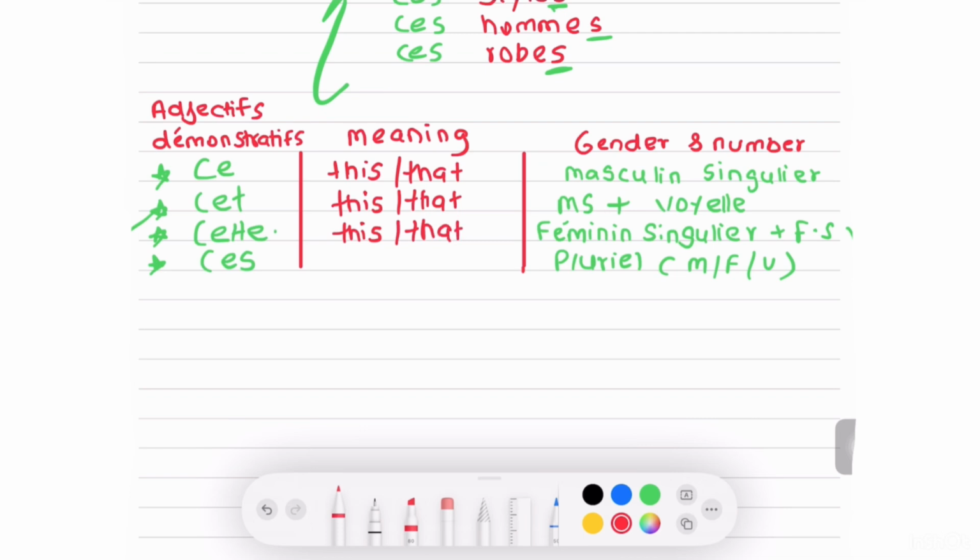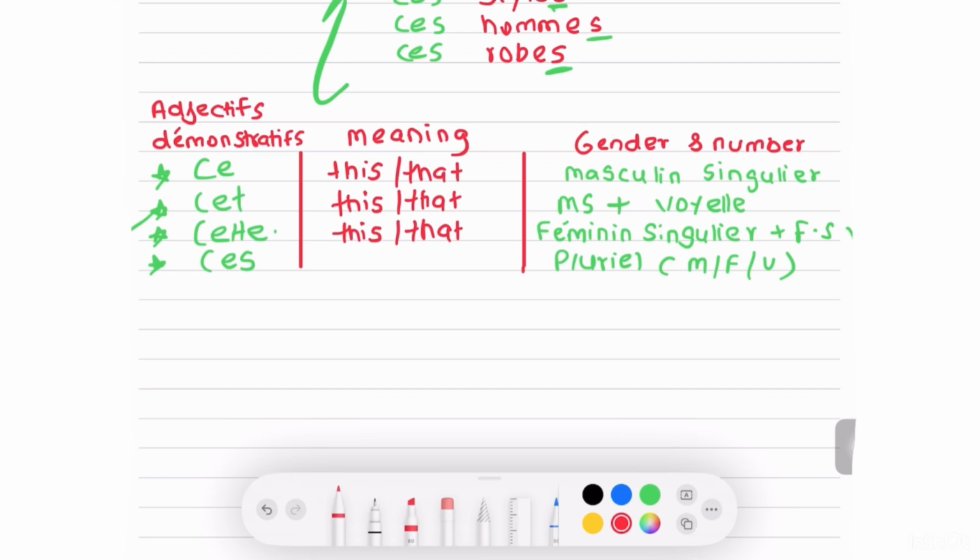Now, if you see, French uses the same word for this and that. In English we have 2 separate words, right? For this we have one word, for that we have one word to point at them. Something that is close is this, something that is far is that. But in French we don't have 2 separate words for them. As long as you want to point at something, you will use these 4.